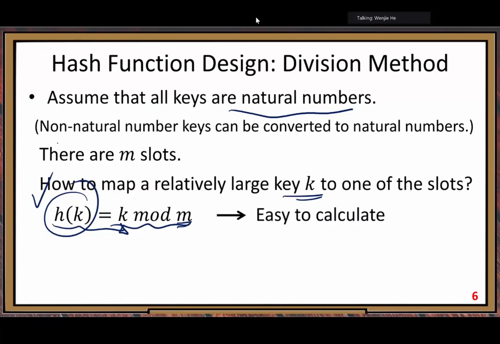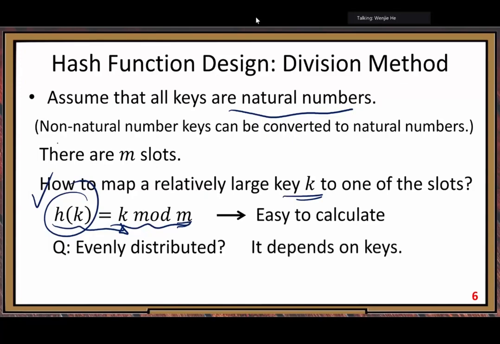There are so many problems here. It depends on the keys. Not robust. When you have some special patterns, you can break it easily. So you will get a very poor efficiency for this method.